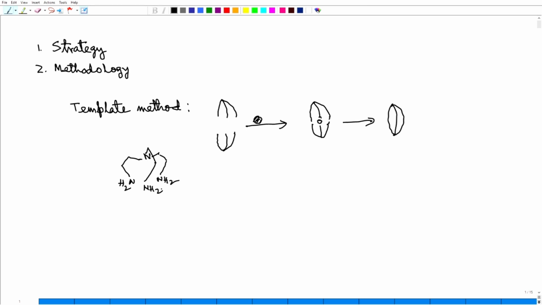NH2, okay. And this is called tris(2-aminoethyl)amine. In short, it is called TREN. And the other one that we made was like this.